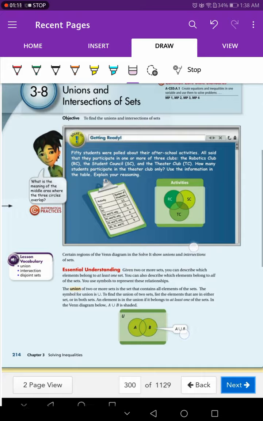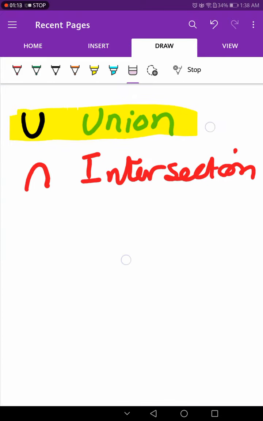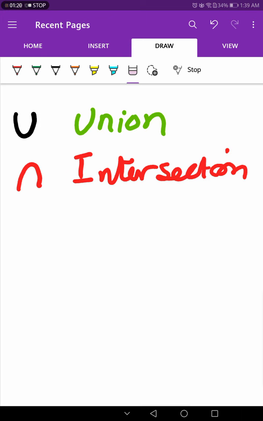First of all, let us welcome the sign for union and the sign of intersection. The capital U here refers to the union, and the upside-down U refers to intersection.